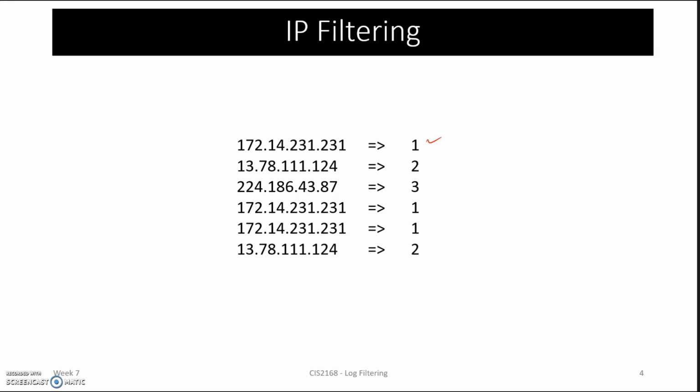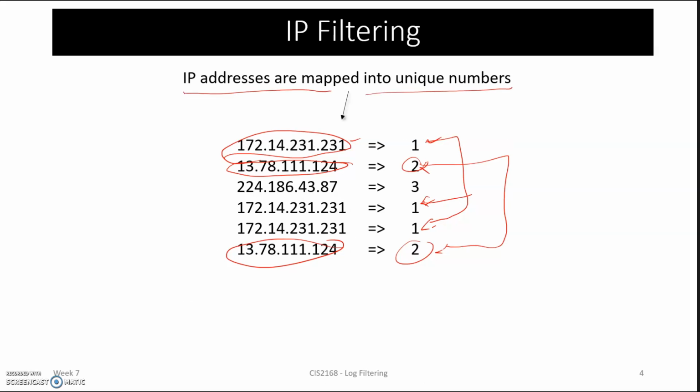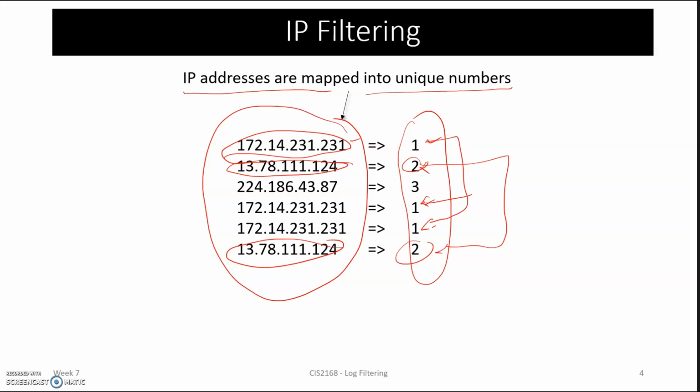So 1 is the key for this IP address, so uniqueness will be there. Similarly, 2 is the key for this one. So it will create uniqueness. That is the reason we are mapping the IP addresses: IP addresses are mapped into unique numbers.